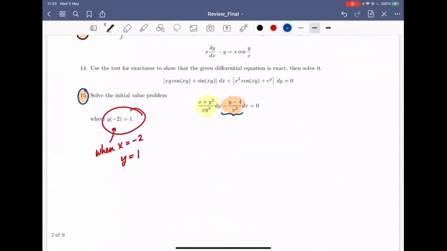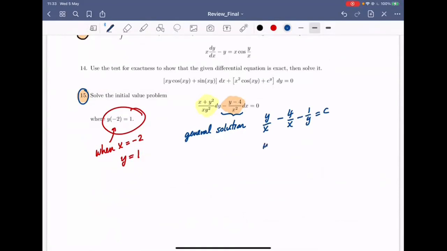That means the general solution that we have before, y over x minus 4 over x minus 1 over y equals some constant C, is from the slide that we just did.